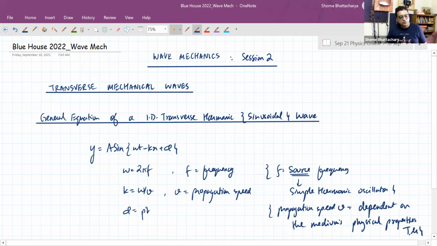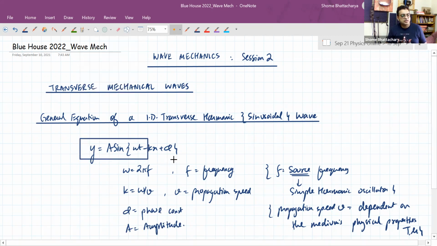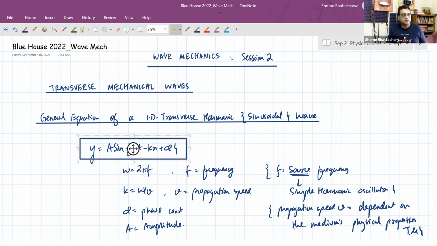Phi is a phase constant, and A is the amplitude. Okay, so these are the general terms in the standard equation of a harmonic one-dimensional transverse wave.